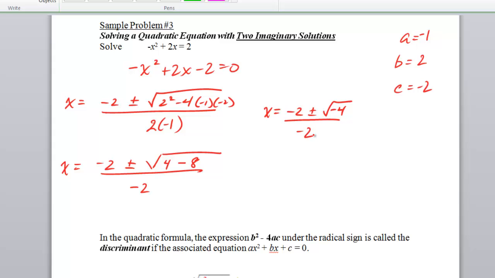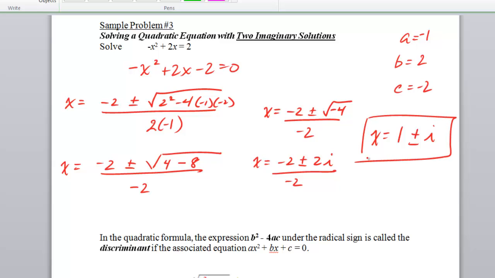If I continue this, I'm going to get negative 2 plus or minus 2i all over negative 2. Then I can break this up, and the negative 2 is a common denominator to both. So that's actually going to be 1 plus or minus 2i. And that's going to give us our final answer.